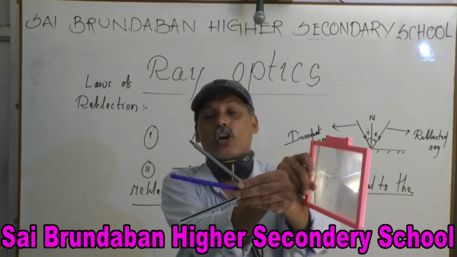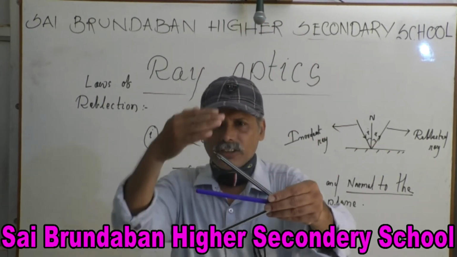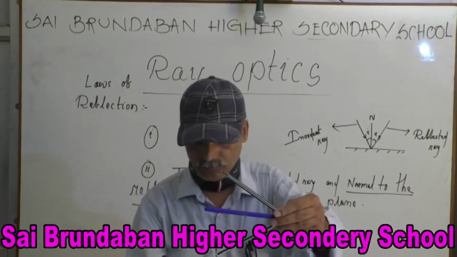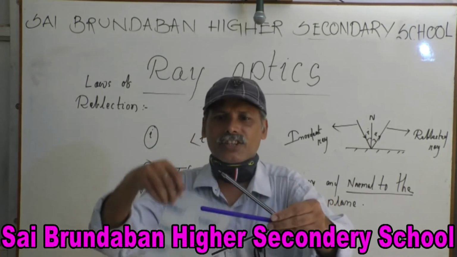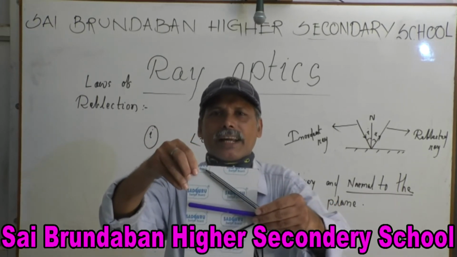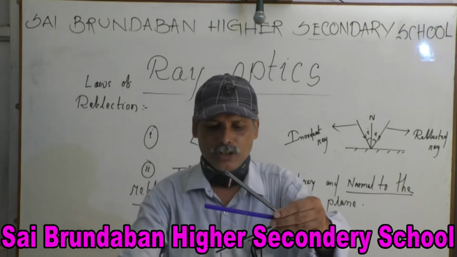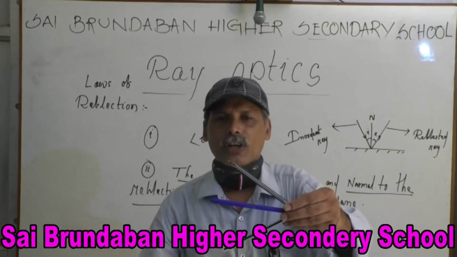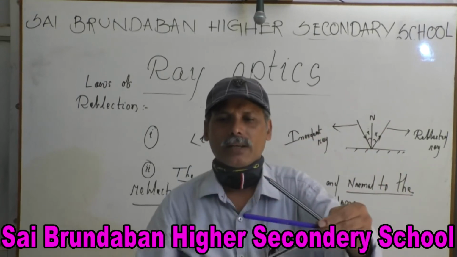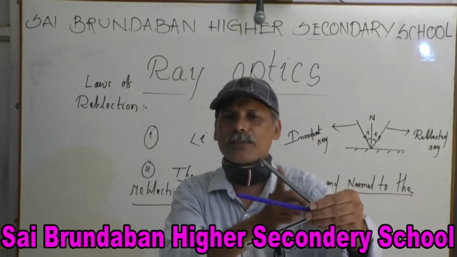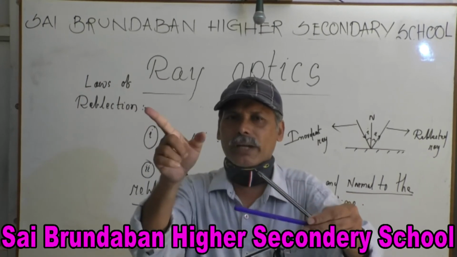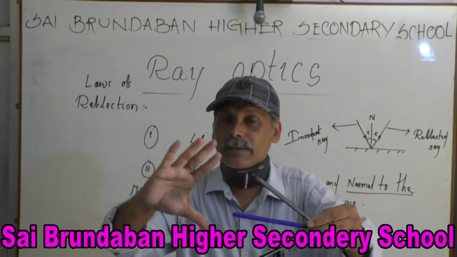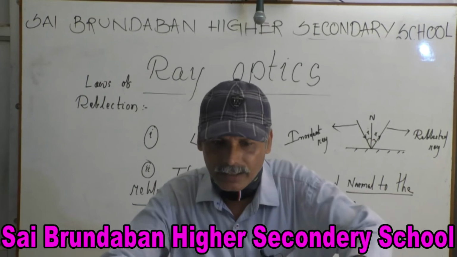What are you observing? All the three lines are lying on a vertical plane. Now the incident ray hits the surface of the plane mirror in this way and returns back to the same medium in this way. All the three lines can also be arranged in a horizontal plane like this.